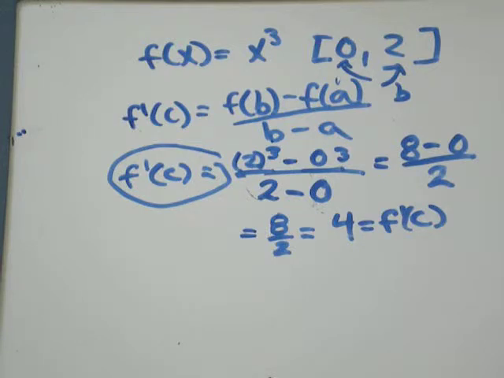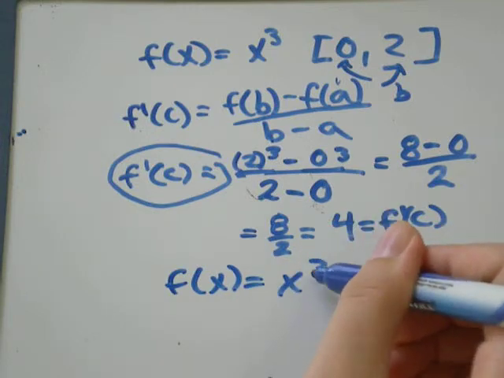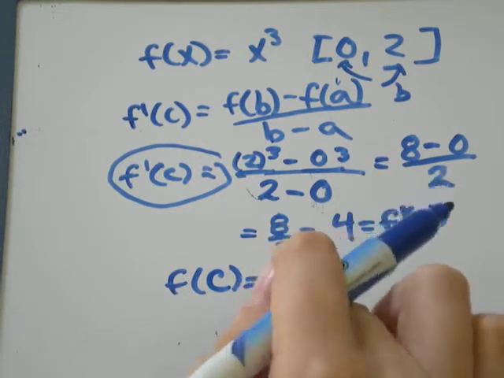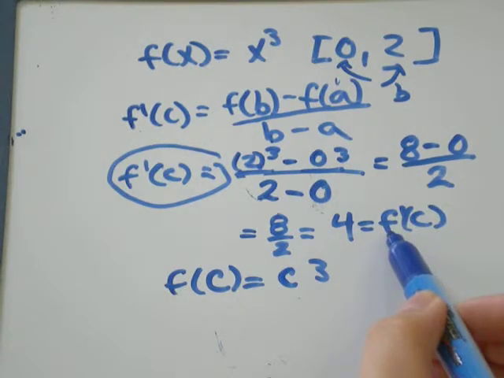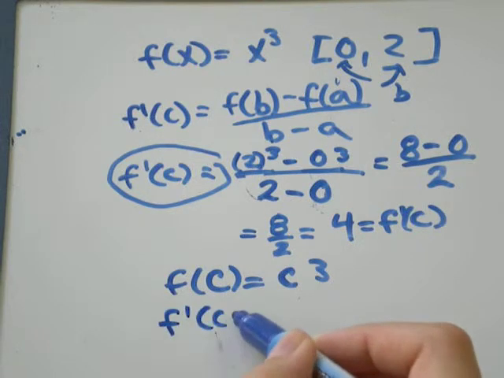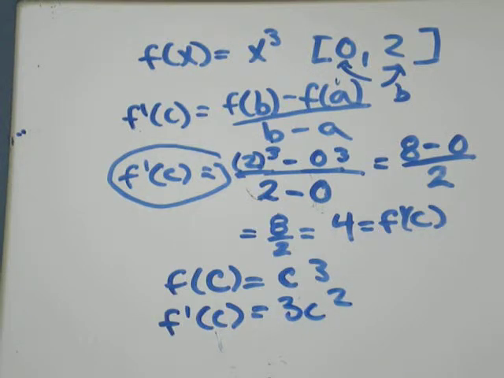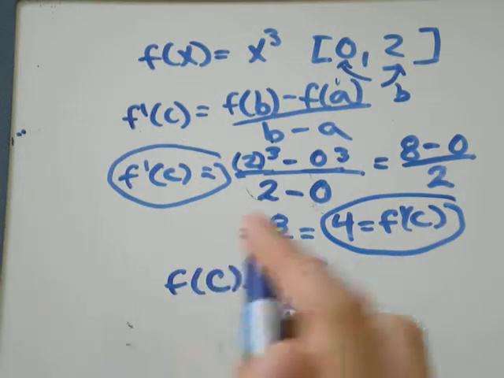We want to be able to say the x-coordinate of point c equals some number. So what we do is we look at our original question, f of x equals x cubed. To find f of c, all we have to do is replace the x by c. We know what f prime of c is, so let's change this to be f prime of c. So we take the derivative of c cubed, and we get 3c squared. We found that f prime of c equals 4.